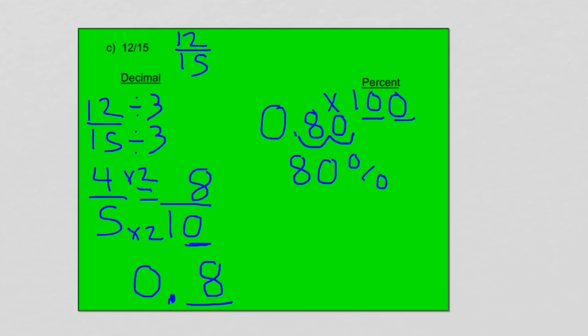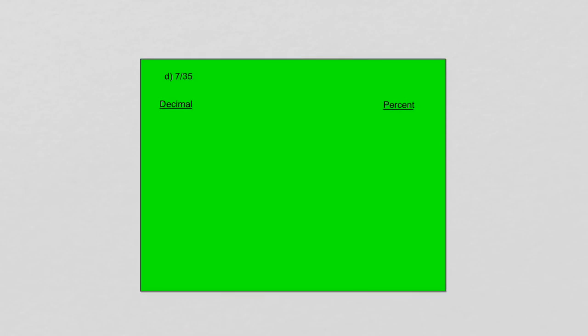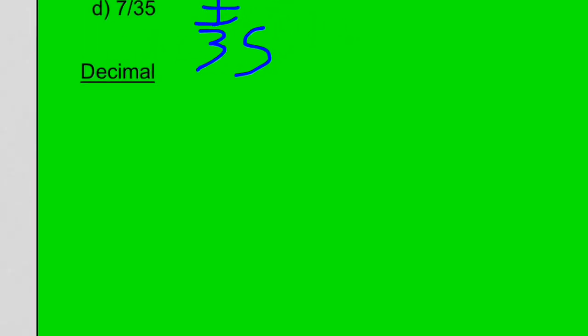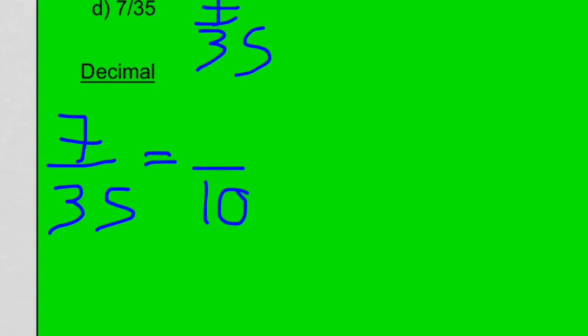So I'm going to flip forward. And we'll do another question similar to that. We're going to take the fraction 7 over 35. Now, if I want to convert that to a decimal, I immediately see that this is tricky to make a fraction out of 10, 100, or 1,000.